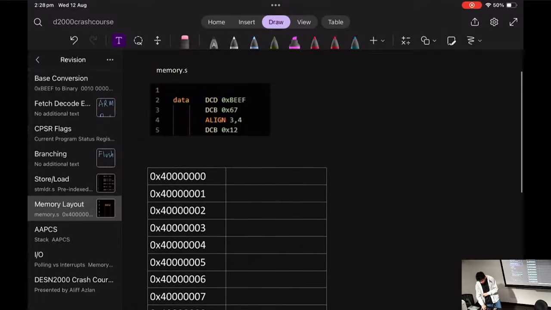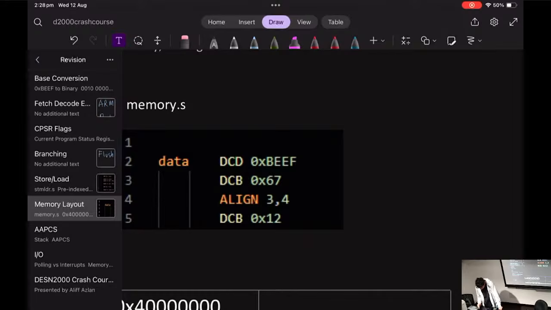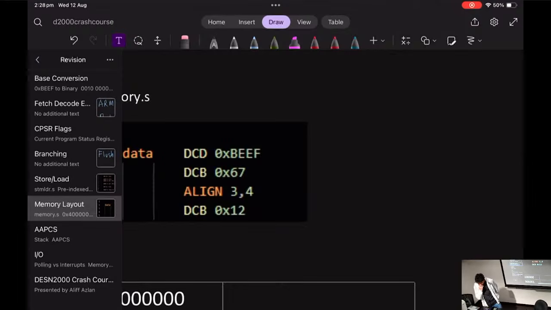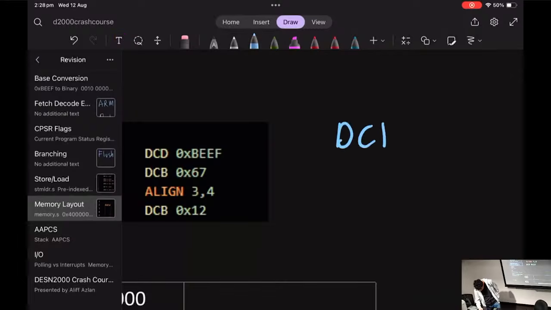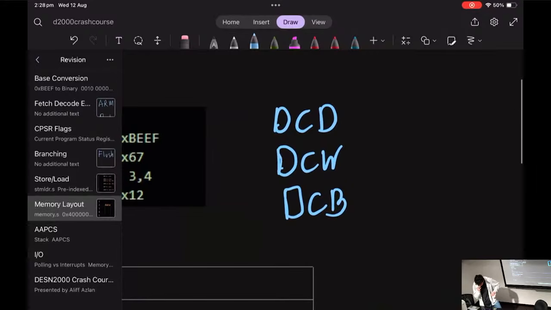Now let's talk about memory layout real quick. With memory, there are a couple of ways we can define our data section. We have DCD, DCW, and DCB, right?